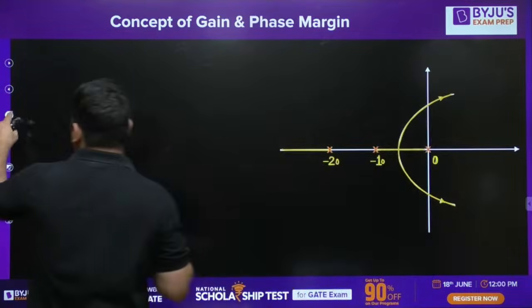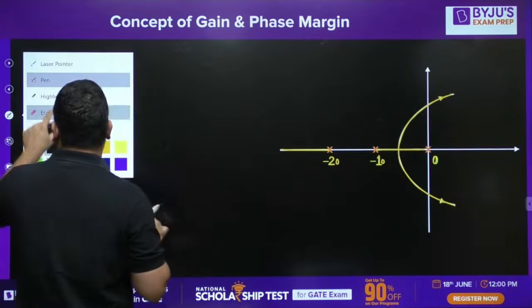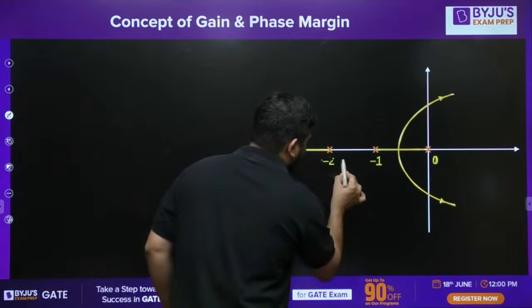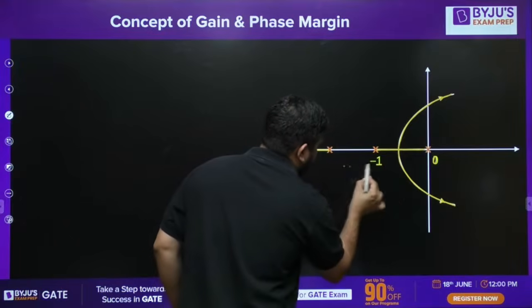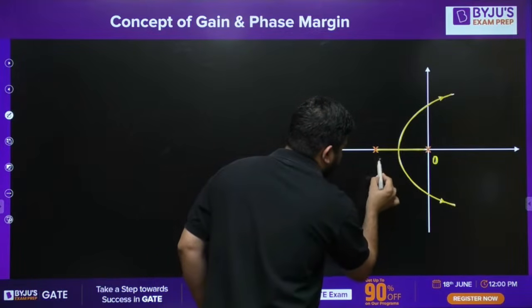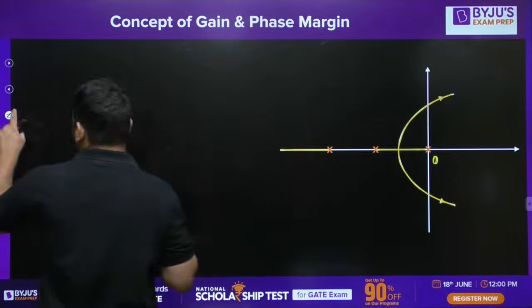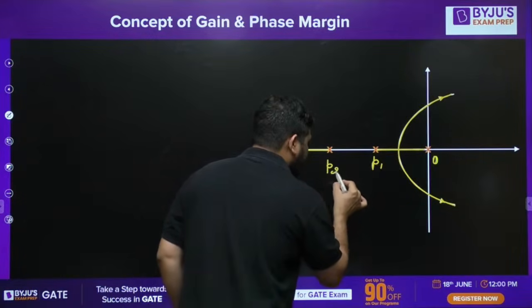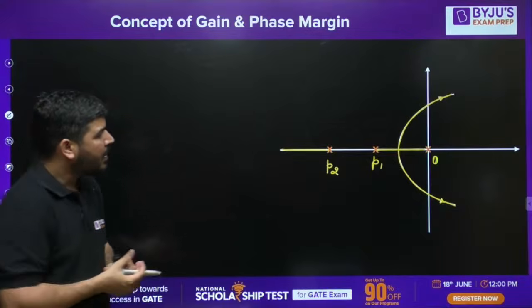Or let's assume that these pole locations are not provided to us. They are hidden. Let's call this P1 and this P2. They are unknown.